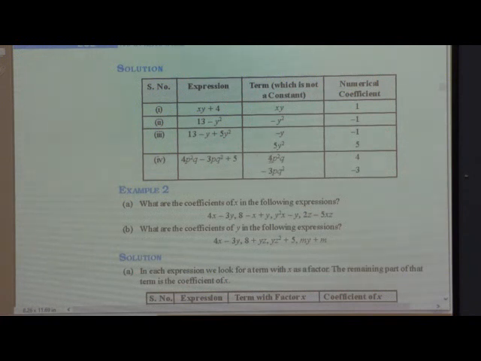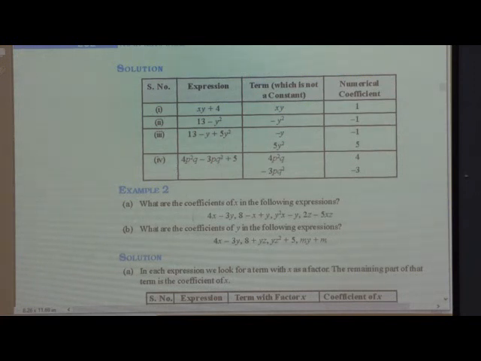Here 4 is a coefficient and minus 3 is a coefficient. So now you know the difference between a coefficient and a constant term. The constant term is the fixed value, and the coefficient is the numerical value attached to the term, like pq or xy.